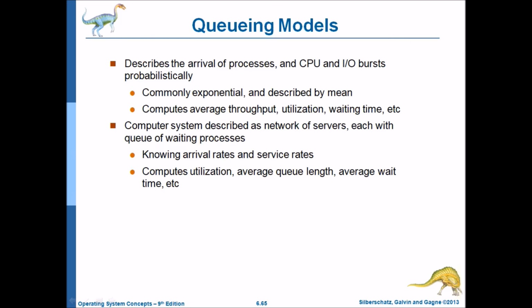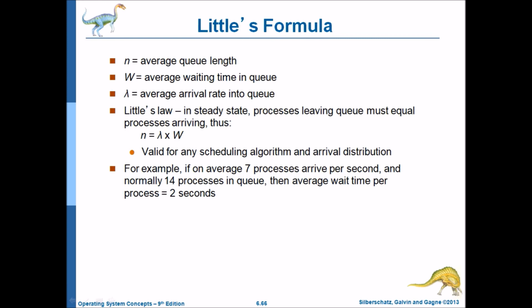As an example, let n be the average queue length, let w be the average waiting time in the queue, and let delta be the average arrival rate for new processes in the queue. We expect that during the time w that a process waits, delta times w new processes will arrive in the queue.